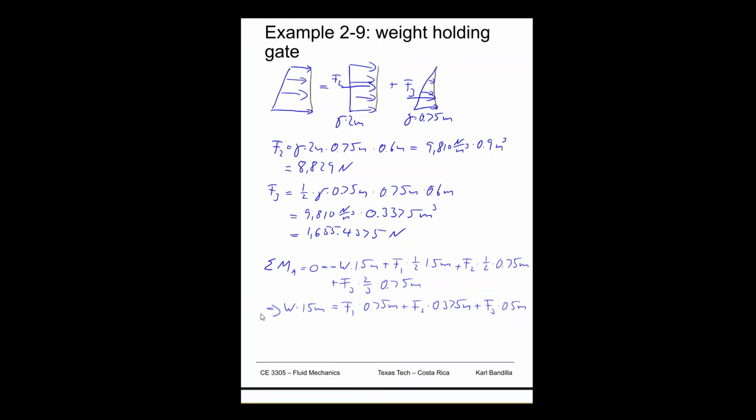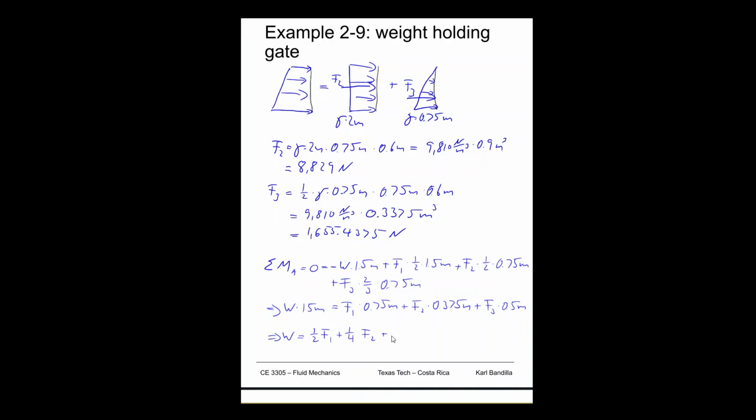All right, then we can divide everything by 1.5 meters. So that'd be F1, 0.75 divided by 1.5 would be 1/2. So we have 1/2 F1. And then if we divide 0.375 by 1.5, we get 1/4.